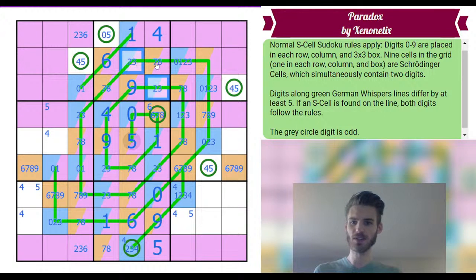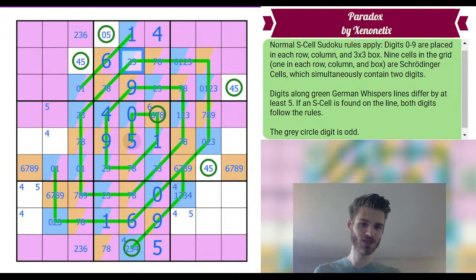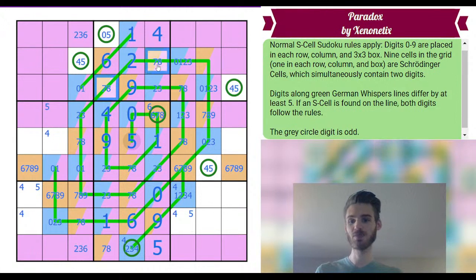Obviously one of these two is, oh, this is easy. This is 7, 8 around a 2 or 3. So obviously it has to be a 2, because if it was a 3, one of these would be a 7 and that would be a problem.